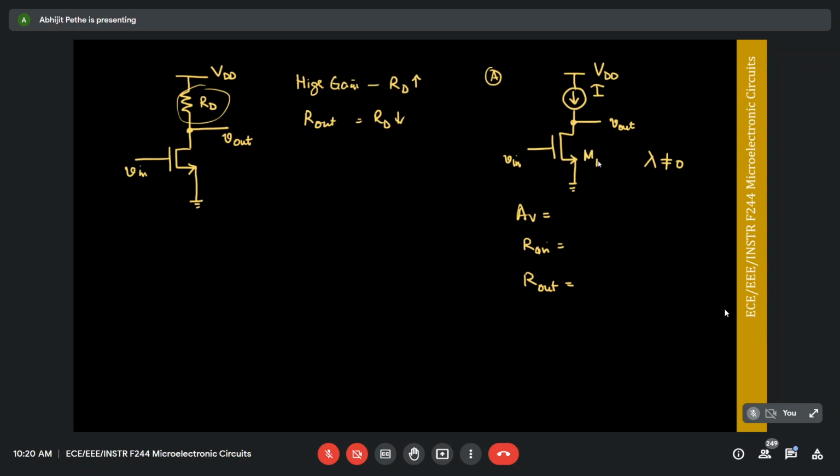So when you do small signal analysis for a voltage source, we grounded it. For a current source, what would we do? Open the current source. Very good. So do that and tell me if you can calculate the gain.